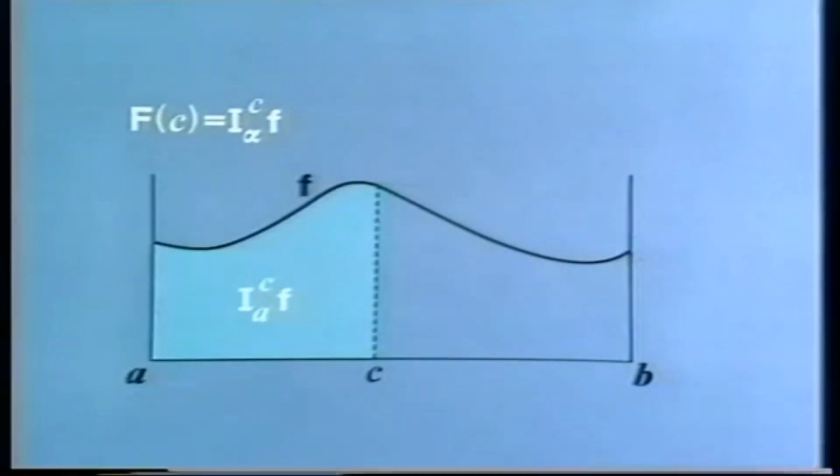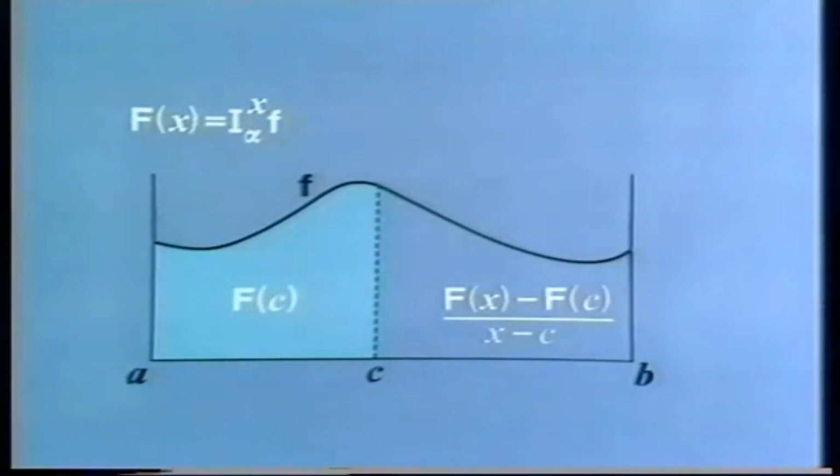Remember that capital F of c is I from A to c of f, and in general, capital F of x is I from A to x of f. Now we're trying to prove that little f is the derived function of capital F. And to get at the derived function, we investigate the chord slope function, capital F of x minus capital F of c over x minus c.